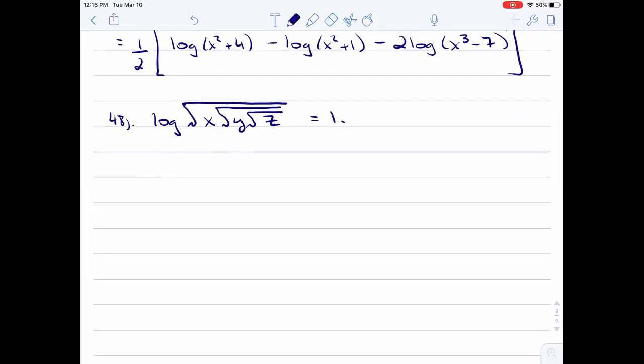This all equals the log of, and I'll start inside and just move my way out, right? So here I've got the square root of x, and then the square root of y, but I'm going to rewrite z to the power of 1/2 in there.